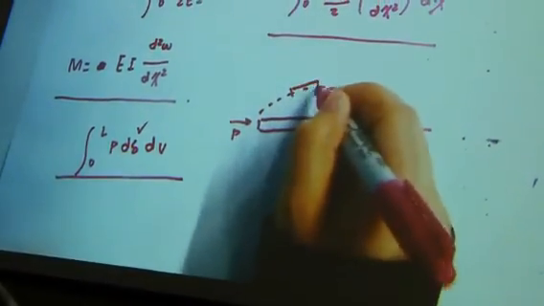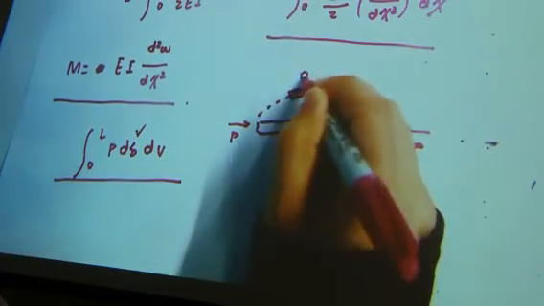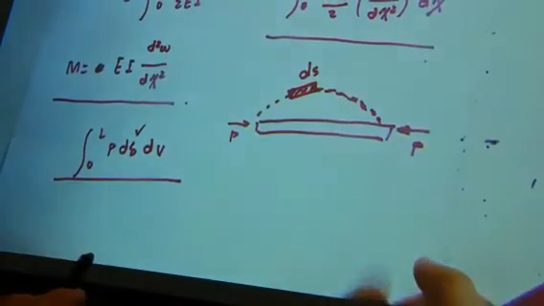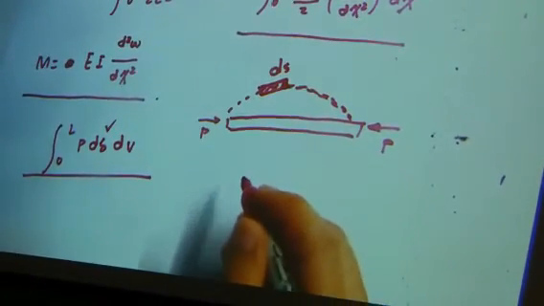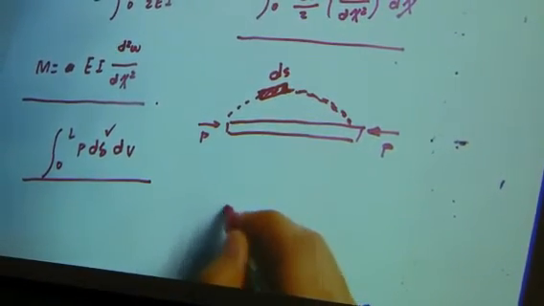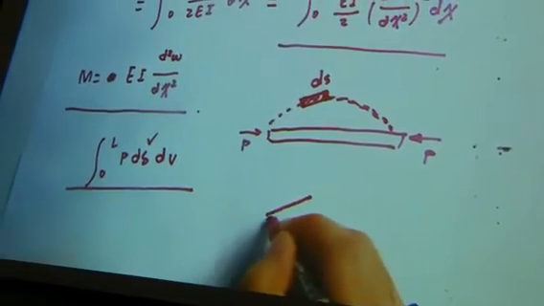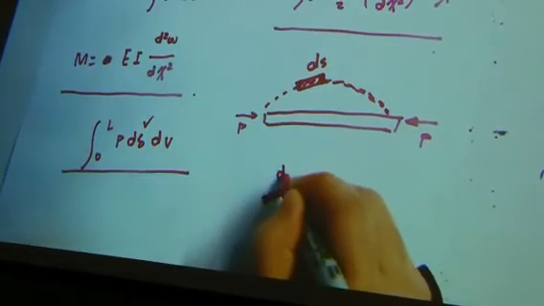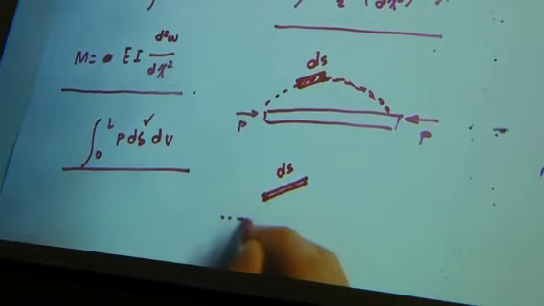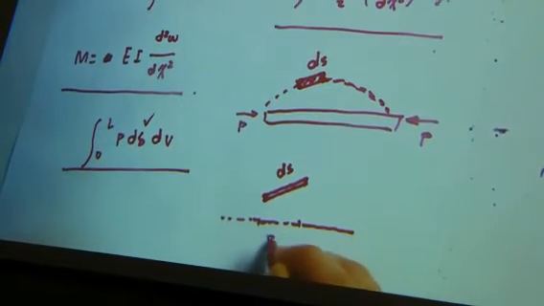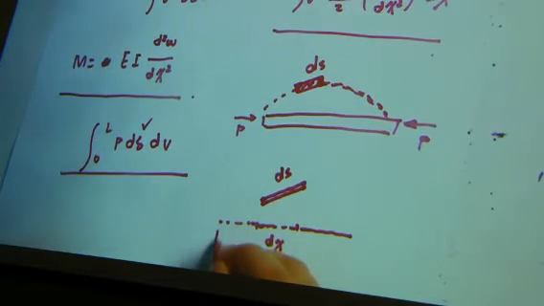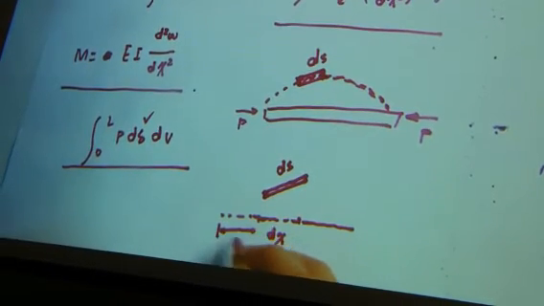And one small segment here is ds. If I take the ds out from the deformed shape, ds is this much, and this is the original x, this is dx, right? This quantity is delta.